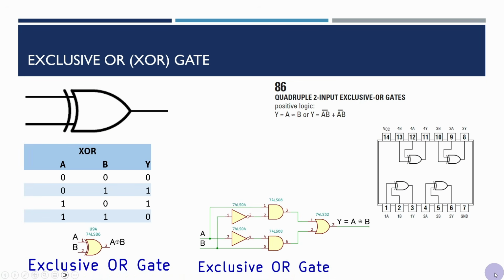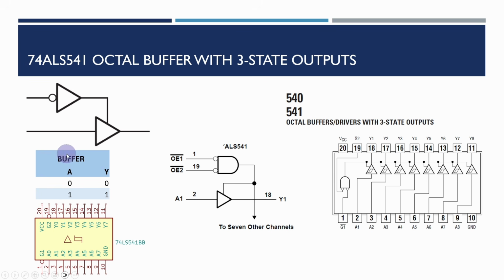Now we've done the exclusive OR, we're going to have a look at the buffer. Now in the previous video we covered that a buffer basically just strengthens the electrical signal, so whatever comes in comes out. And the diagram that we saw in the previous video is the schematic element for a buffer, but if we've got a 3-state or tri-state buffer, what this input here effectively allows us to do is turn off the output here.